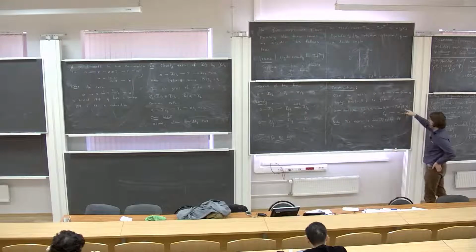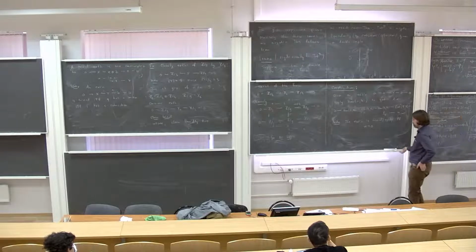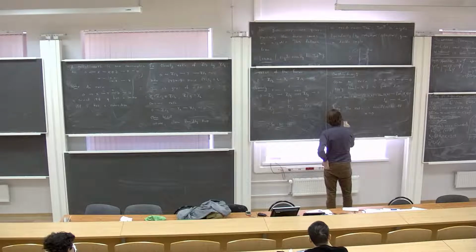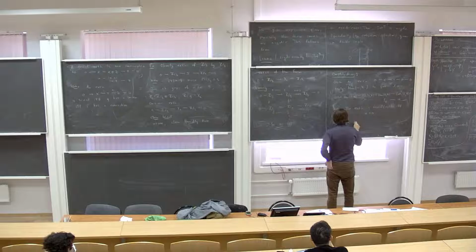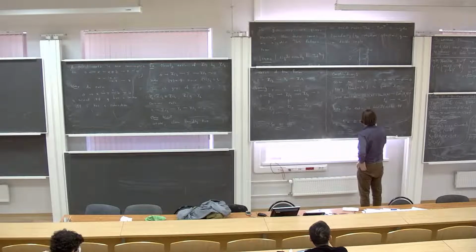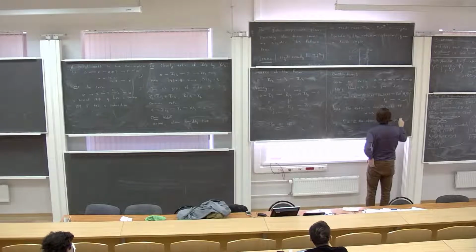So this Ext^1 class alpha measures whether or not the sequence splits. So we say that alpha is the obstruction to splitting the sequence.